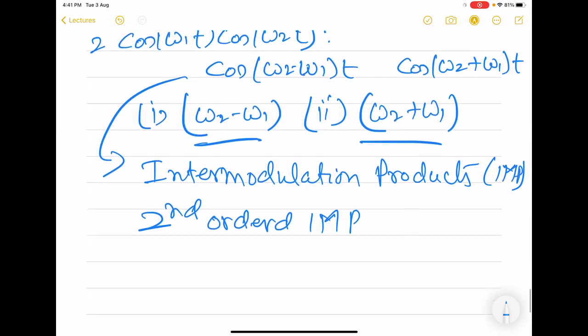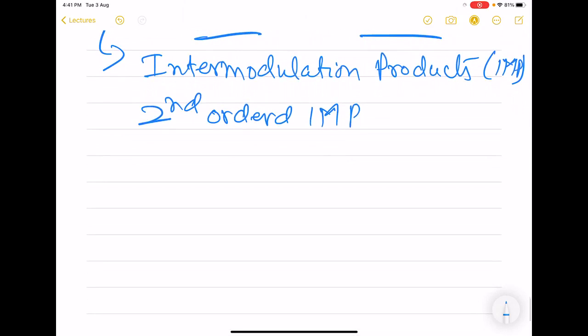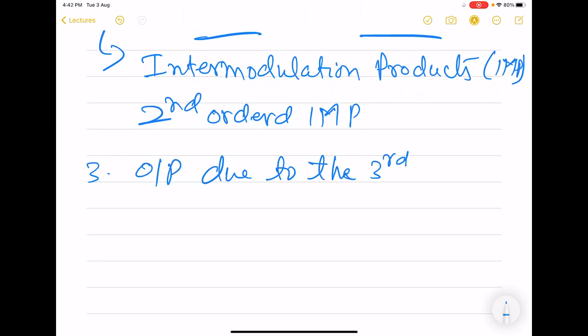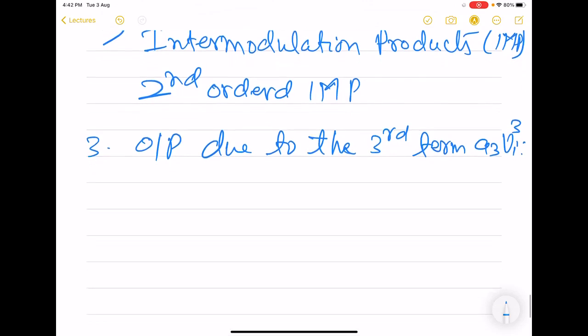Now let us see what happens because of the cubic term. So we are now going to talk about the output due to the third term, that means A3 Vi cube. What it will do. So Vi is the sum of two cosines.